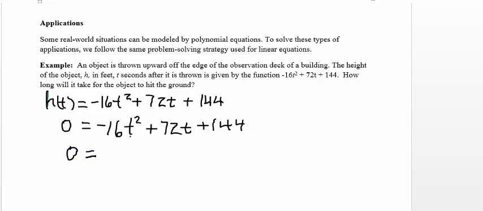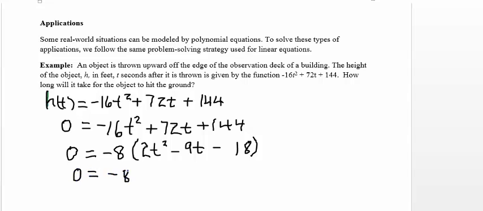So we want to factor our polynomial, and notice that every coefficient is divisible by 8, and I'm going to actually make negative 8 my GCF because it's actually more convenient for the leading term of the polynomial that I'm going to have to factor to be positive. So I'll factor out a negative GCF.